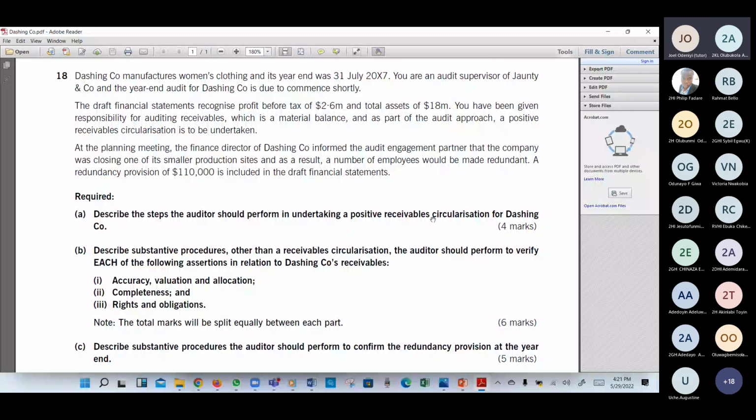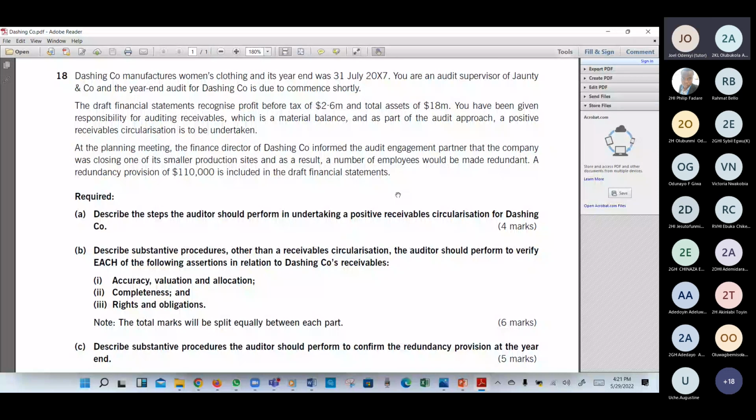The draft financial statements recognized profit before tax of $2.6 million and total assets of $18 million. You have been given responsibility for auditing receivables, which is a material balance. And as part of the audit approach, a positive receivable circularization is to be undertaken.